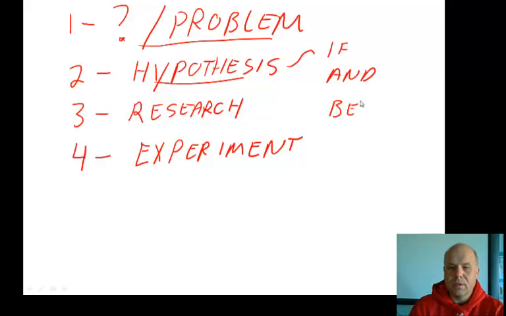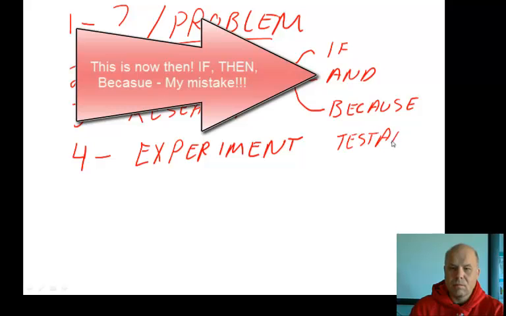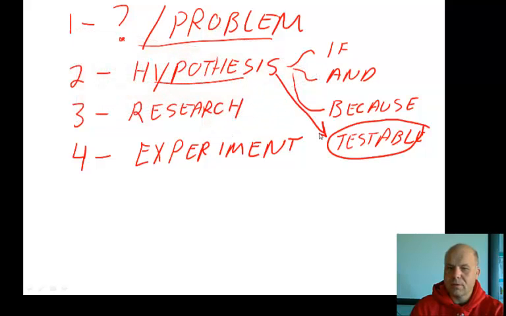And we'll talk about that here in a little bit. Okay, so we've got the 3 parts. It also has to be testable, and that's the big part. Okay, so we want to make sure that our hypothesis is always testable.